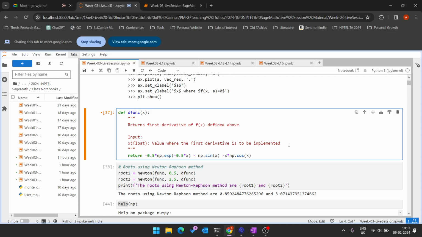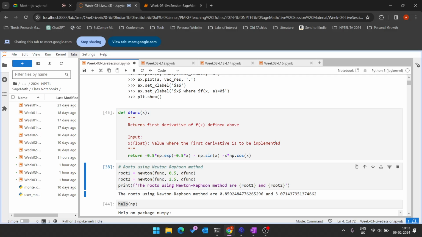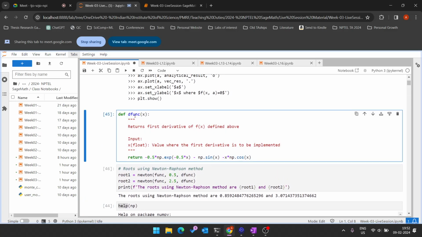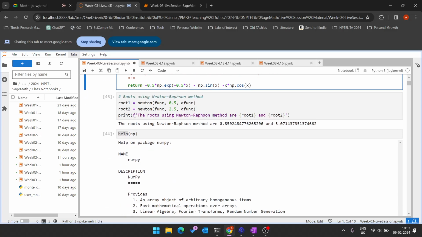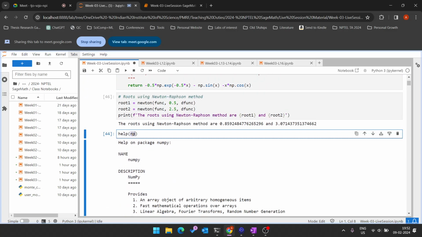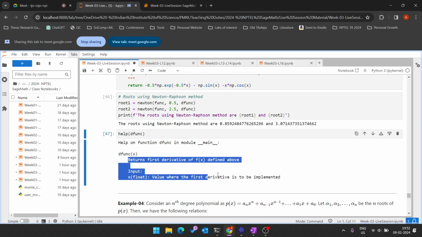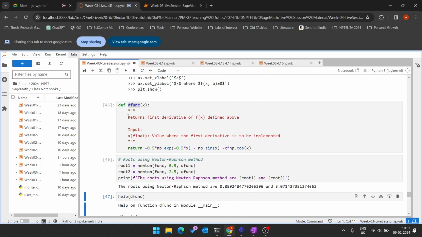So this is what my help function will return. So suppose I do now help on dfunc. dfunc is my function. So it will tell you what it does. It prints out whatever we have written in the description string. This is what we have written.